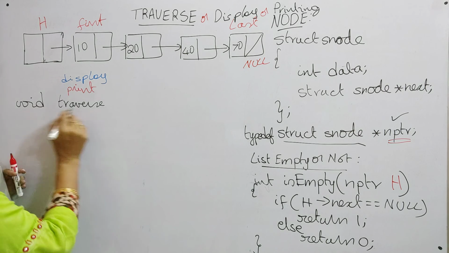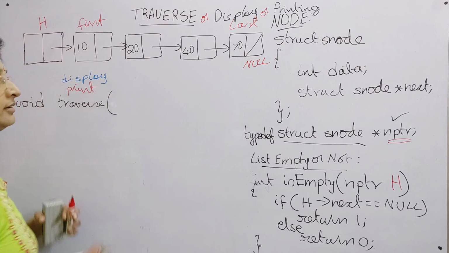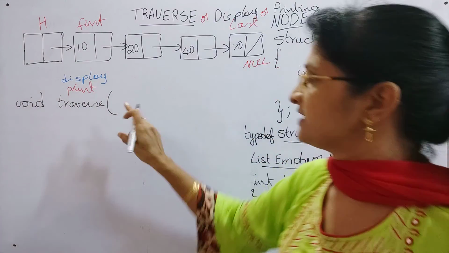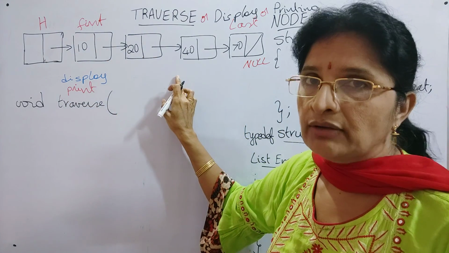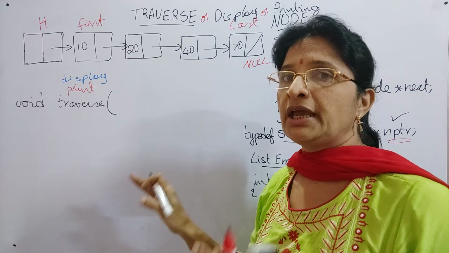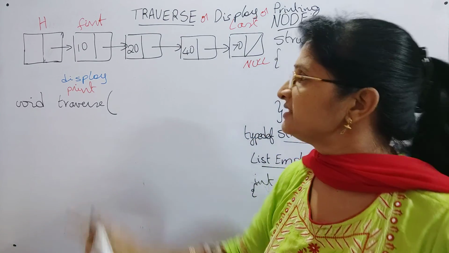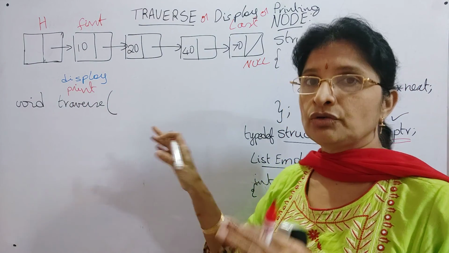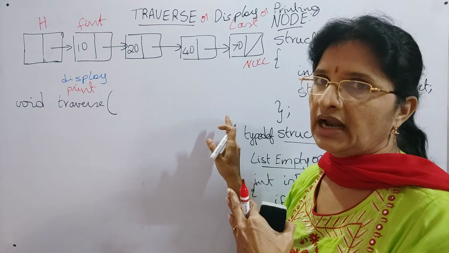After giving the name of the function, you have to give the parameters. Whenever you perform any operation on the linked list, the minimum parameter that you have to pass is the header node. If you have the header node, only then can you traverse through the list.